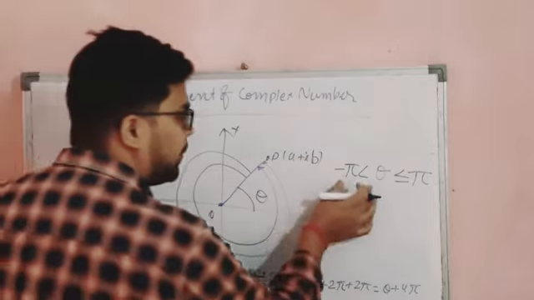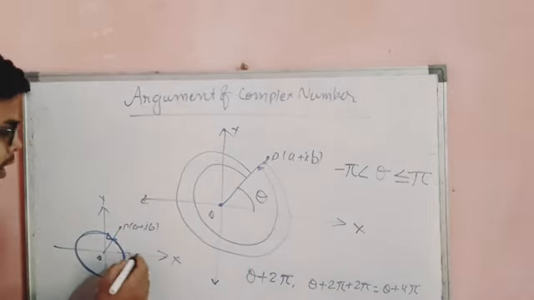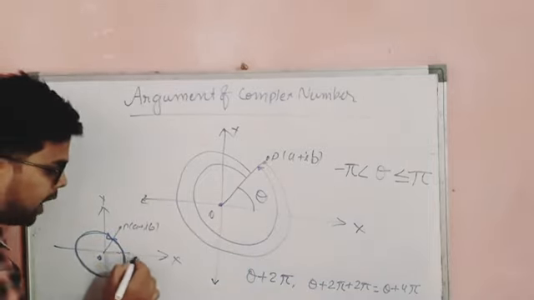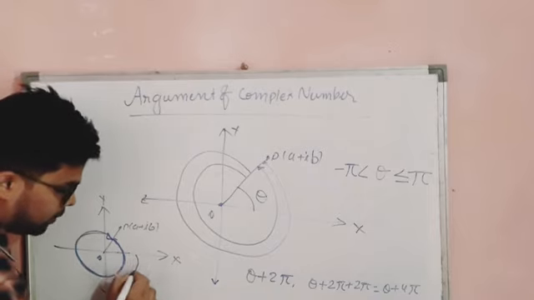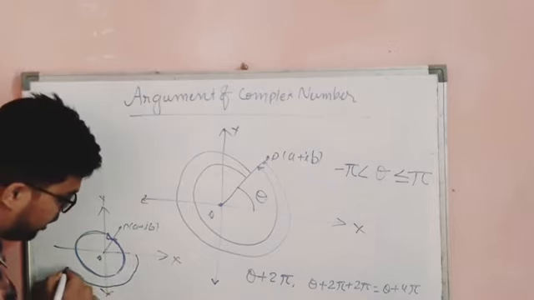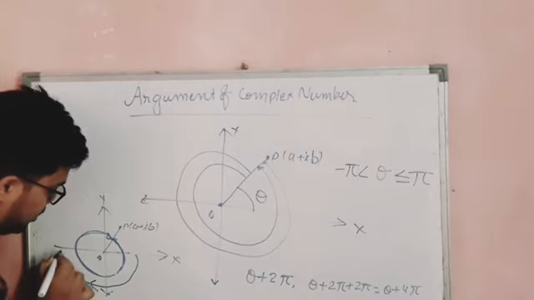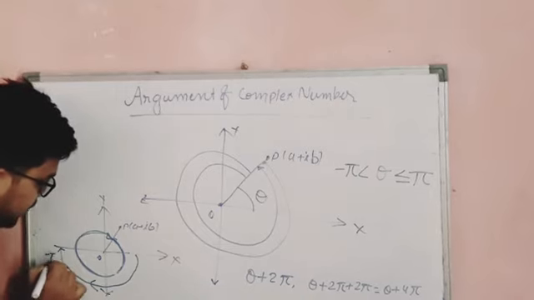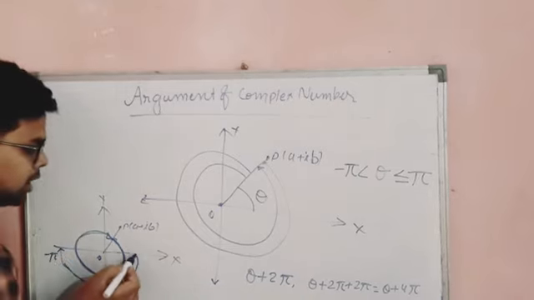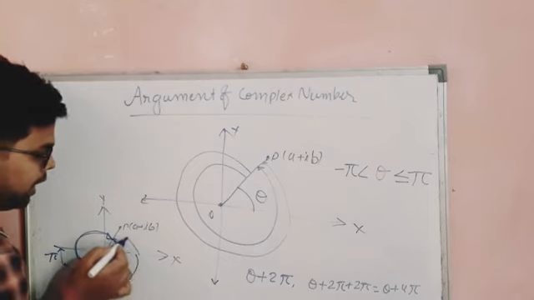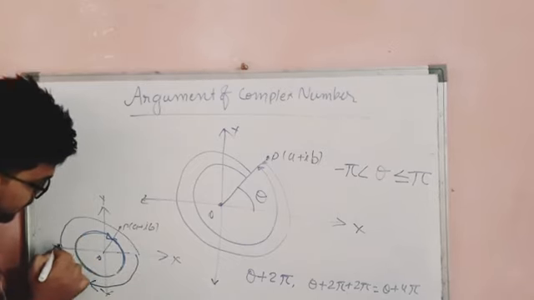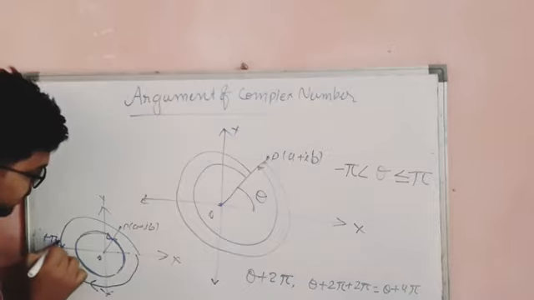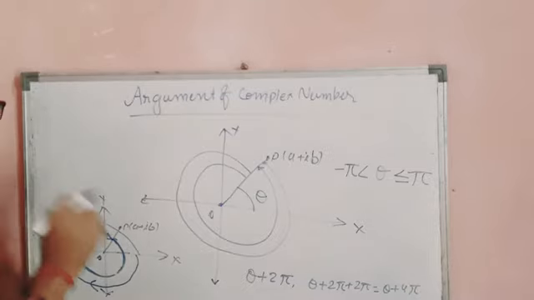So this is minus pi: if we start from here and go like this and reach here, this represents minus pi, and if we start from here and go like this, this represents plus pi. Okay, so this will be the interval.